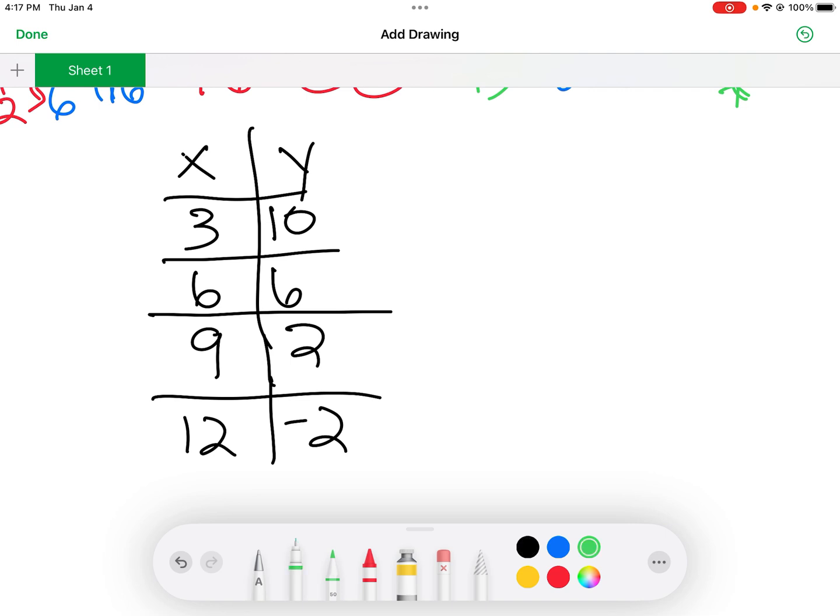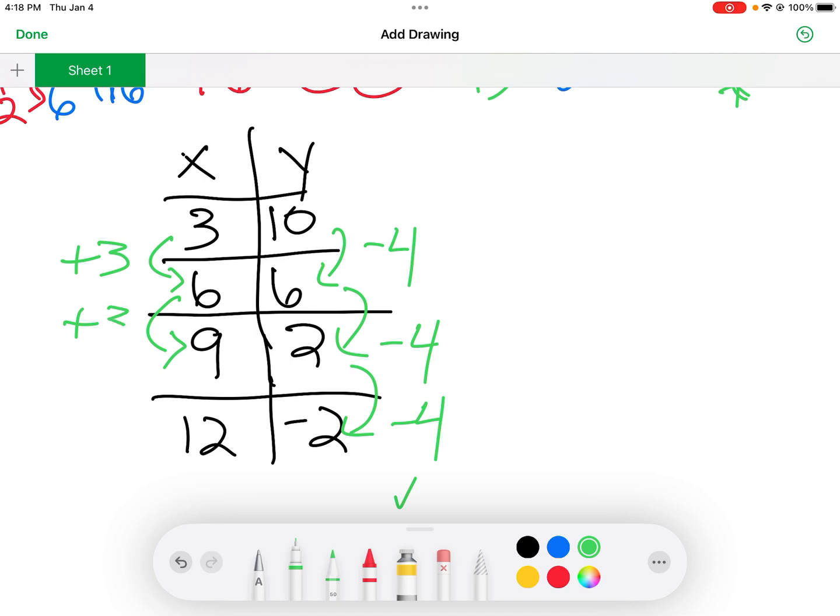We're going to look at the slope. From 10 to 6 is minus 4. From 6 to 2, minus 4. From 2 to negative 2, minus 4. So far, this is looking good. It's checking out. Here, we're going from 3 to 6, which is plus 3, from 6 to 9, plus 3, from 9 to 12, plus 3.